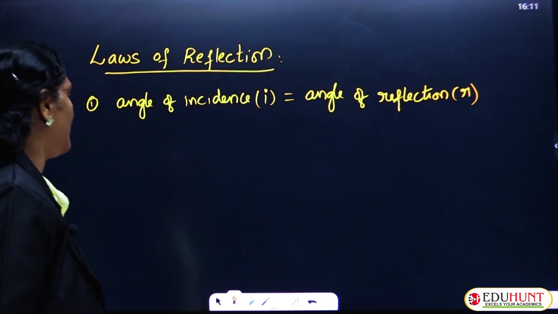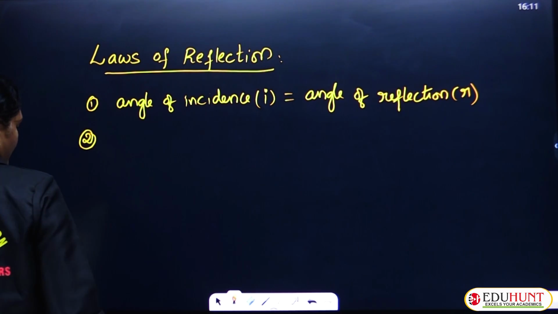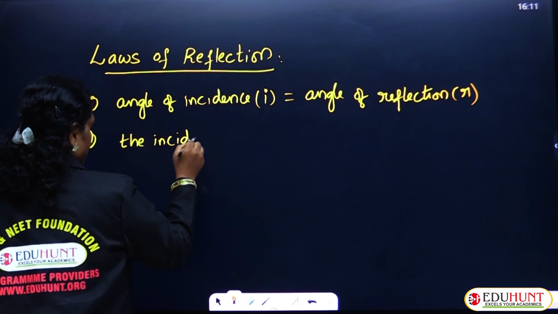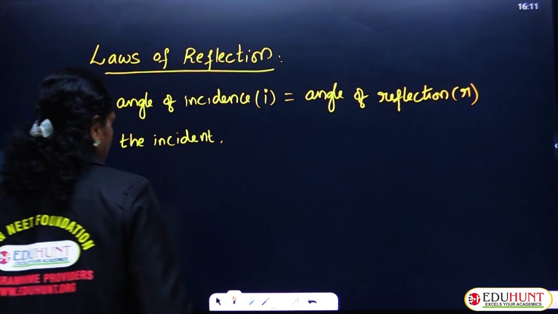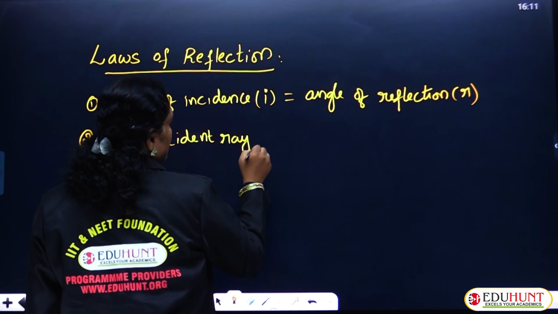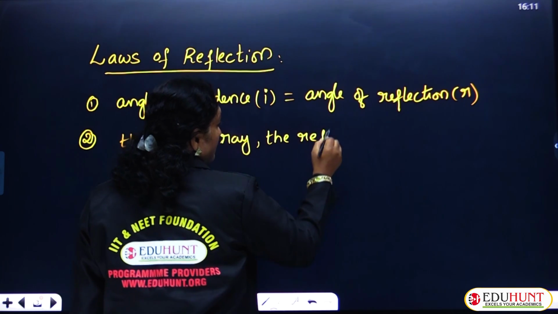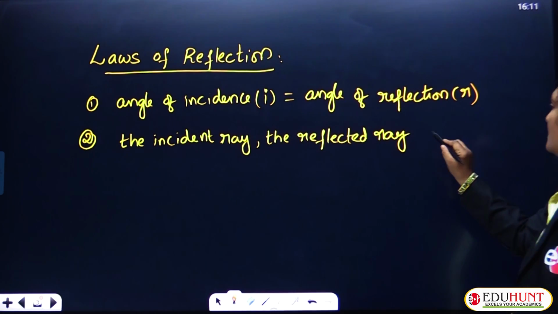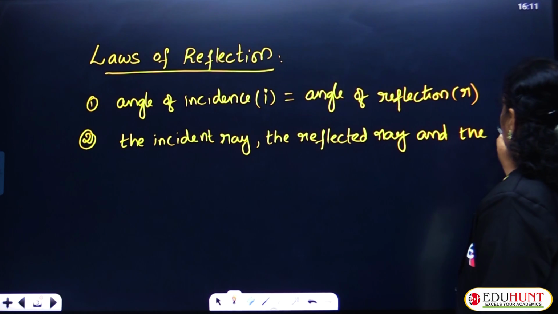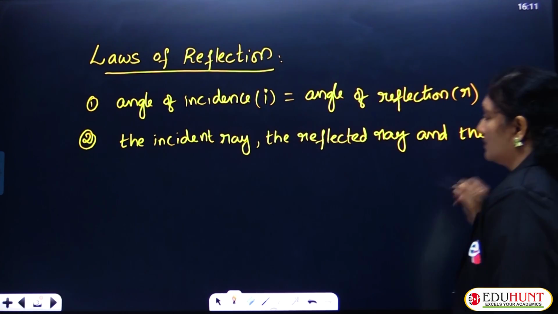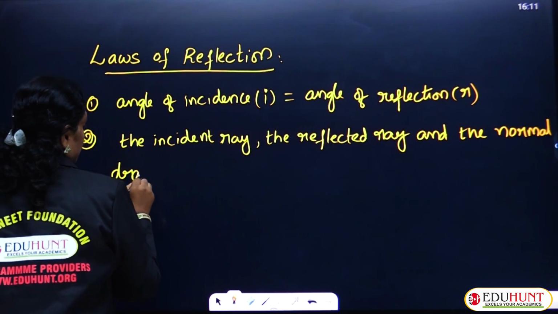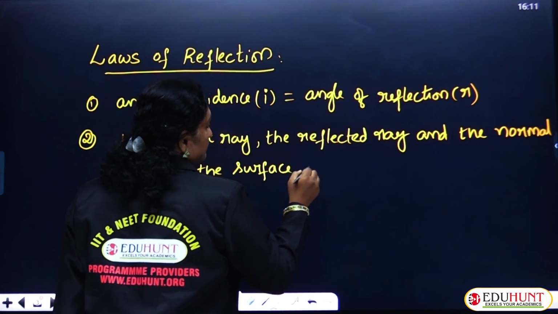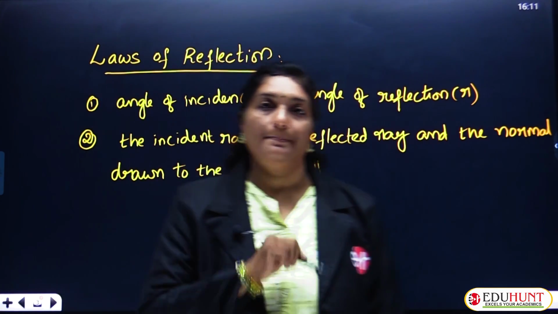And one more thing is that the incident ray, the reflected ray and the normal drawn to the surface all lie in the same plane.